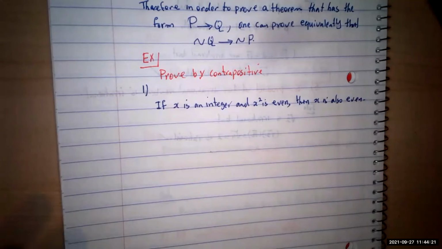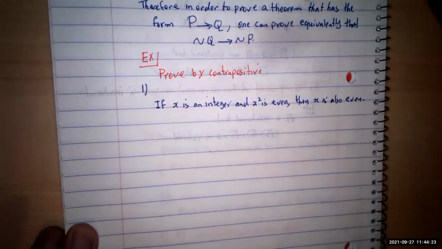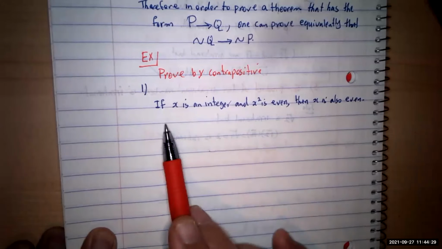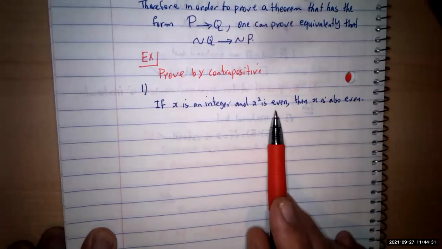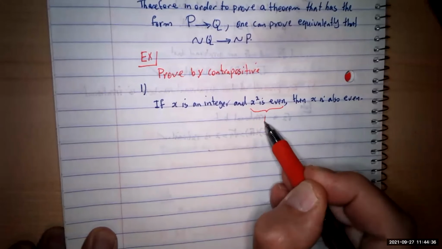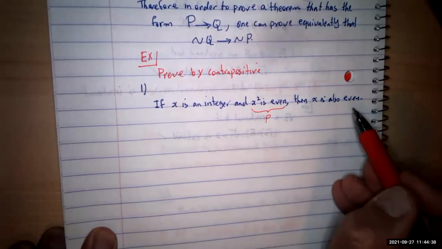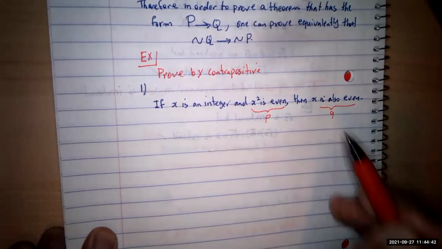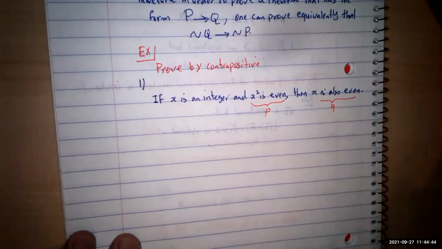Okay, now how are we going to prove it? They ask for the contrapositive. So you have to write the contrapositive of this statement first. You check this one to be P. P is the fact that x squared is going to be even, and this is going to be Q. So you are going to tell us what you are going to prove.